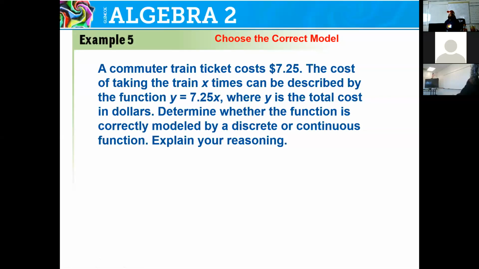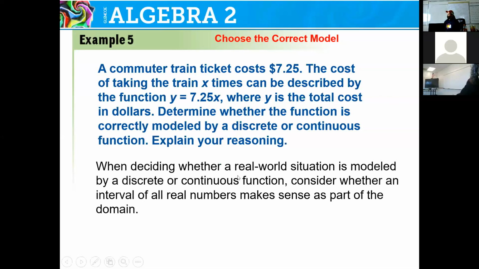I can only ride it 1 time, 2 times, 3 times, or 4 times. So when deciding whether a real-world situation is modeled by a discrete or continuous function, consider whether an interval of all real numbers makes sense as part of the domain. In layman's terms: does it make sense to ride the train 1.5 times? The answer is no.